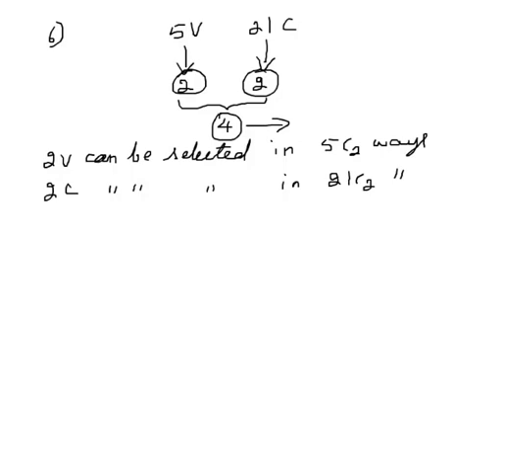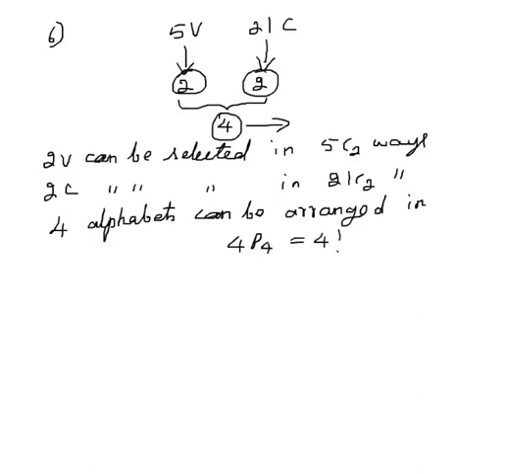And totally we have the selected 4 alphabets. So 4 alphabets can be arranged, now comes the arrangement, in 4P4 ways, that is 4 factorial ways.